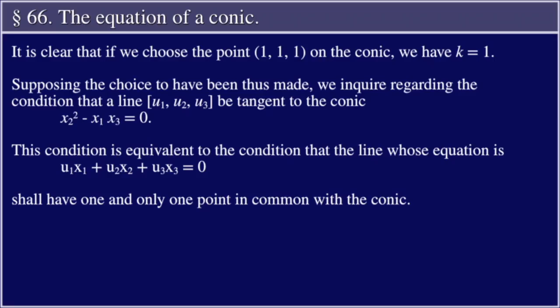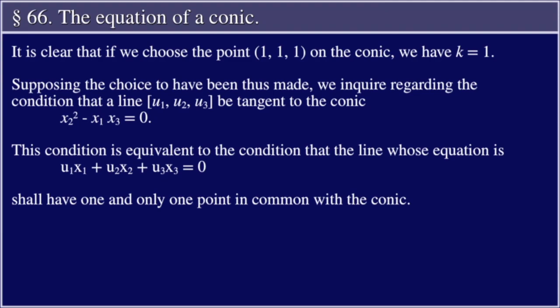It is clear that if we choose the point 1, 1, 1 on the conic, we have k equal to 1. Supposing the choice to have been thus made, we inquire regarding the condition that a line u1, u2, u3 be tangent to the conic x2² − x1x3 = 0.